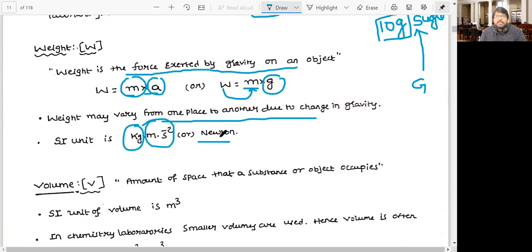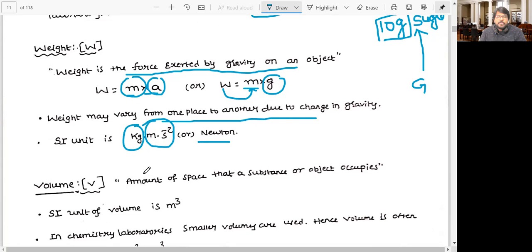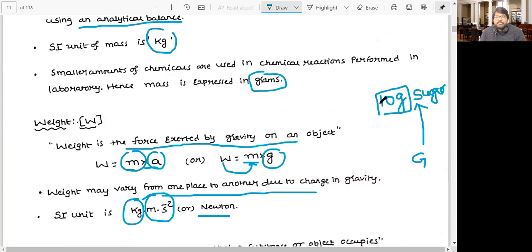And the third fundamental quantity is volume. Volume is the amount of space that a substance or object occupies. Let me take the same example. You have taken 10 grams of sugar. Sugar is a crystalline solid, and you might have seen there are so many small white crystals present in the sugar.